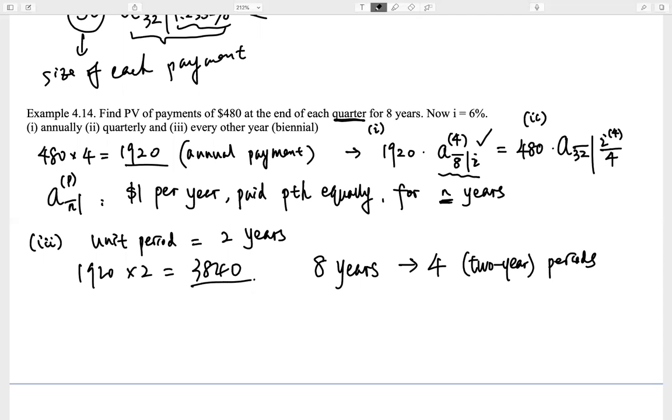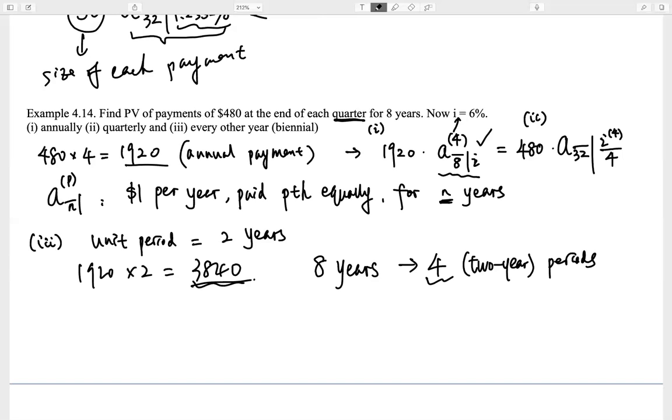Okay. Then what I need is, I already figured out the payment. I already know the number of periods, and I still need to know the effective interest rate, but now it's for 2 years.